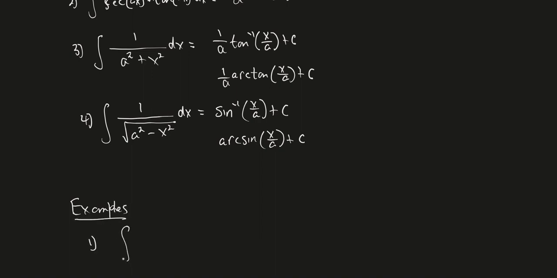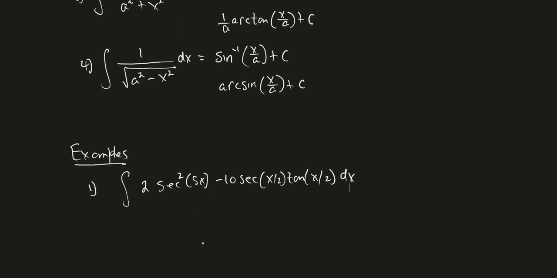So let's say we have 2 times the secant squared of 5x minus 10 secant of x over 2 times the tangent of x over 2 dx. Right? Okay, so this is an antiderivative that has 2 terms. Well, let's split these up into 2 separate antiderivatives.